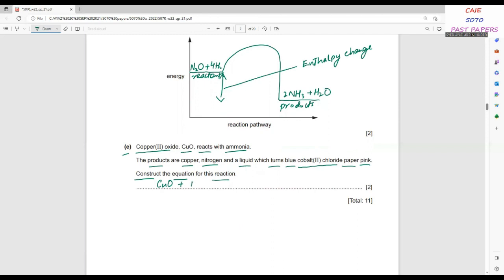For ammonia, it's NH3. Now the formula of the products obtained for copper, Cu, nitrogen is N2. And they are saying a liquid which turns blue cobalt 2 chloride paper pink. It's water. This is a test for anhydrous cobalt 2 chloride, H2O. Now let's balance the equation.